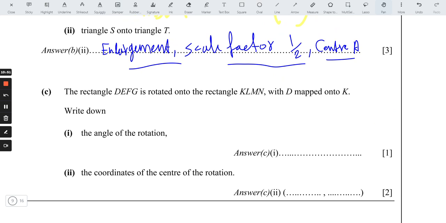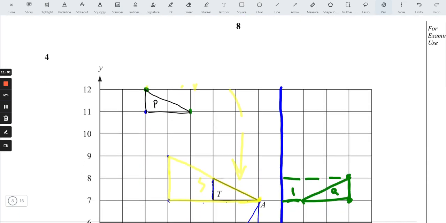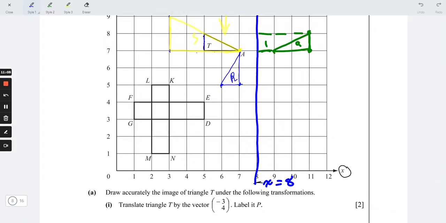Rectangle DEFG is rotated into the rectangle KLMN with D mapping into K. Write down the angle of rotation. Go back here, DEFG, this rectangle rotated into another rectangle which is KLMN.